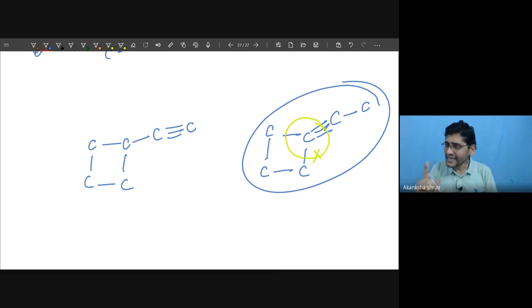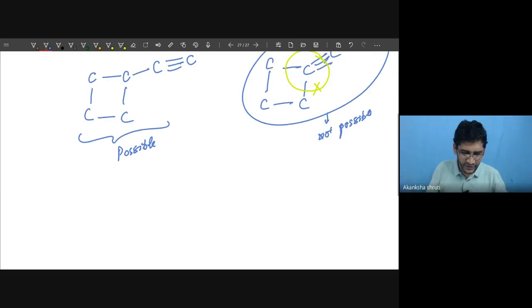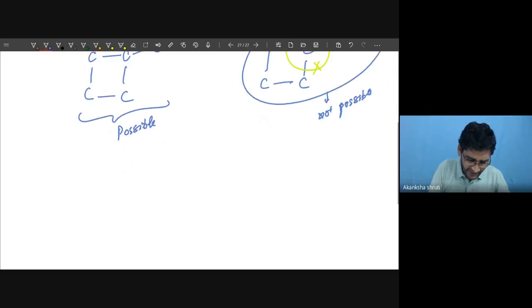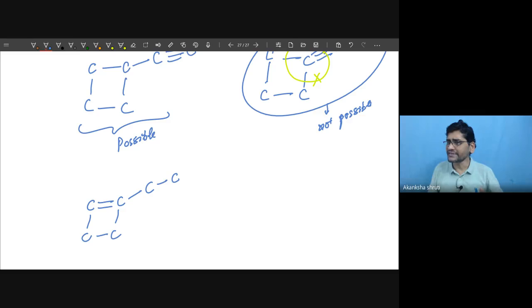So these are the key things that we have to keep in mind. So it is not possible. It is possible. So this tetravalency is very important. Students, you may draw like this one also, carbon, carbon, carbon, carbon, carbon, with a double bond in between one of them, it is existing.